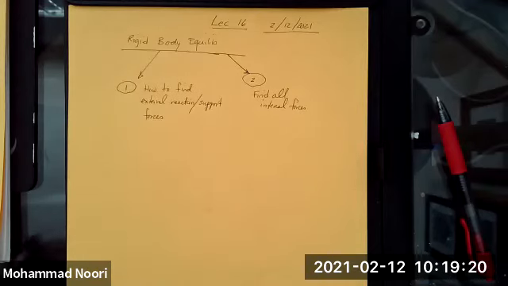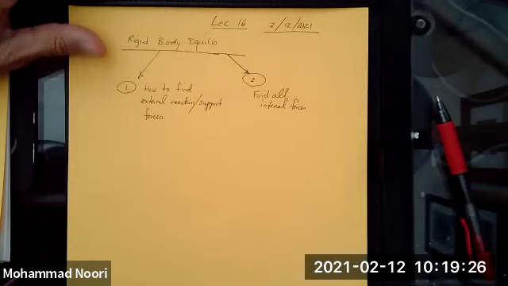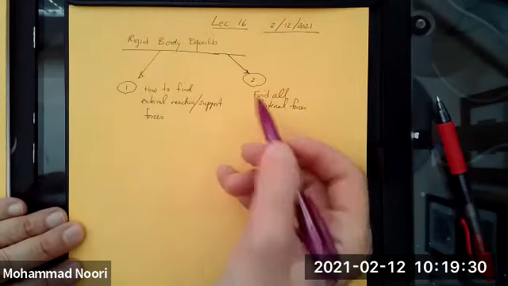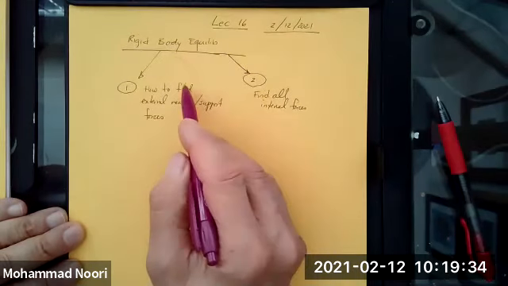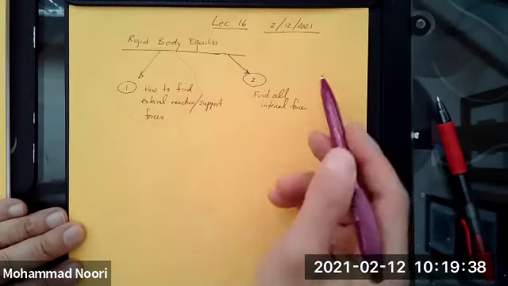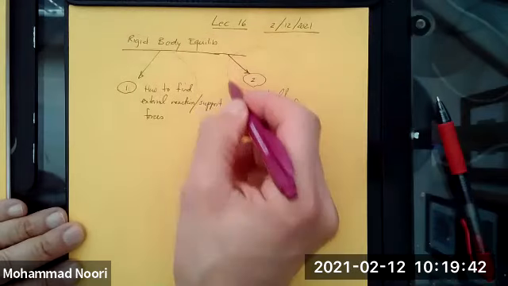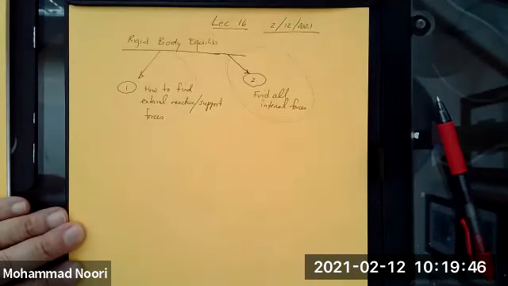Okay, so let me quickly give you an overview of what we did so far. Of course, we did discuss this, but instead of going directly to this topic, we took a detour, which was the centroid and moment of inertia. Now we are coming back to this, which is the heart of statics.